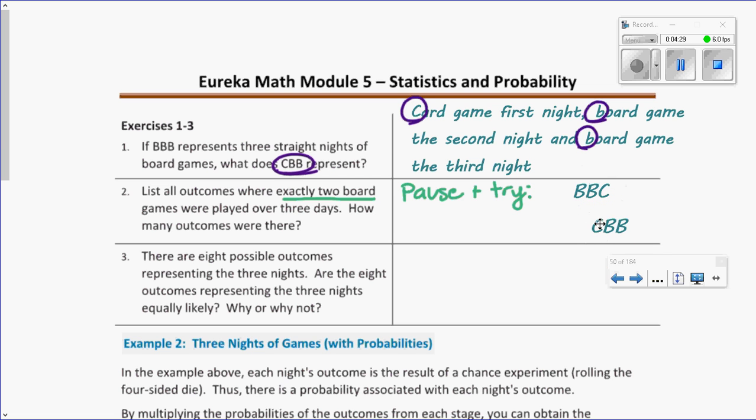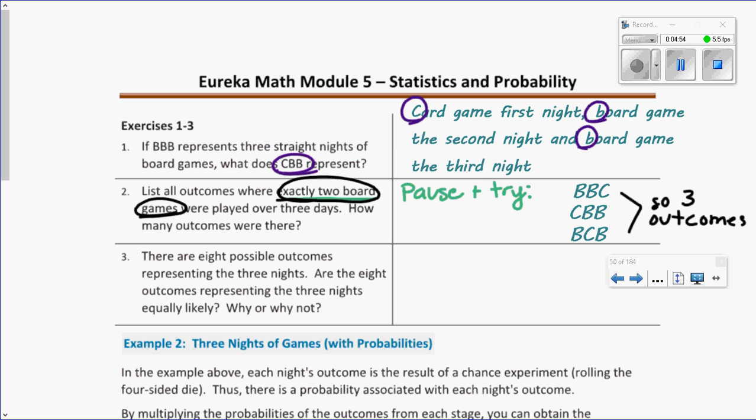That's another one. Or there could be a card game sandwiched in between, board game, card game, board game. None of the other options show exactly 2. So 3 outcomes show exactly 2 board games.